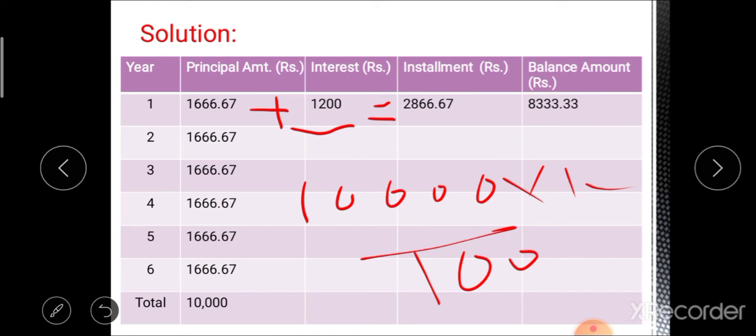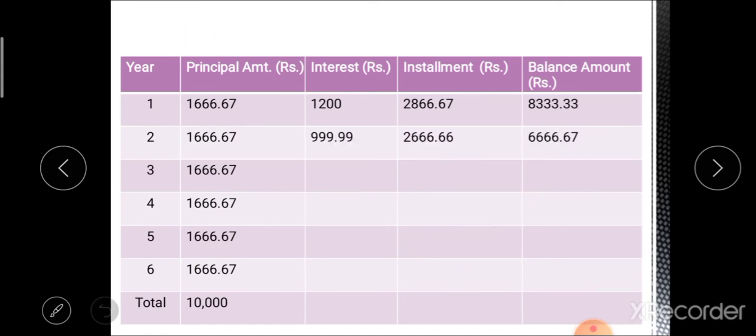So subtract this 1,666.67 from this 10,000 rupees, we get the first year remaining balance, that is 8,333.33 rupees.